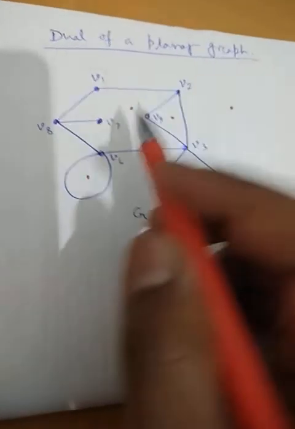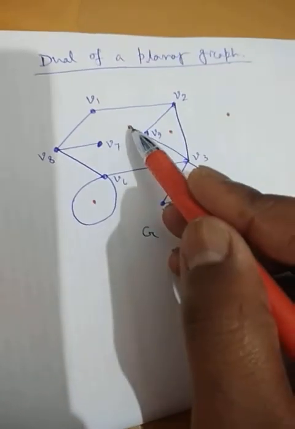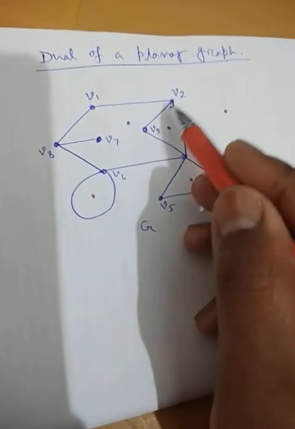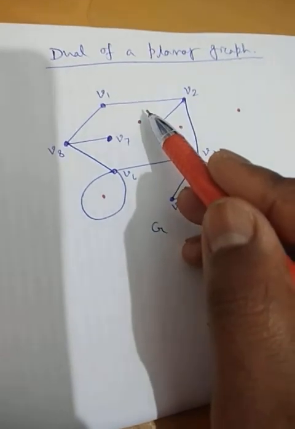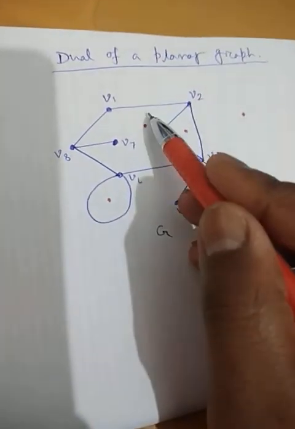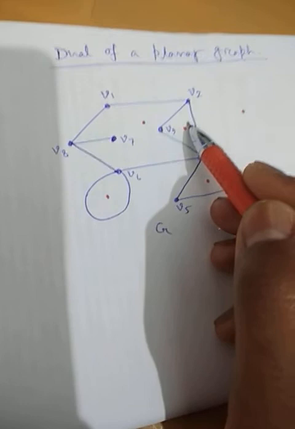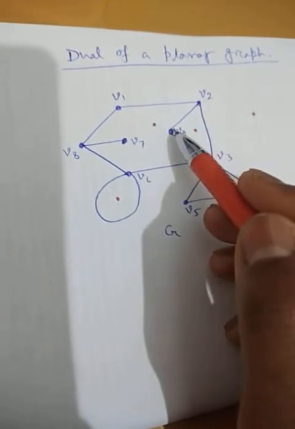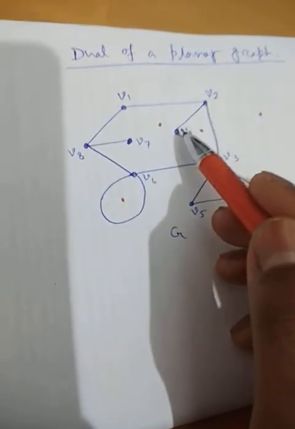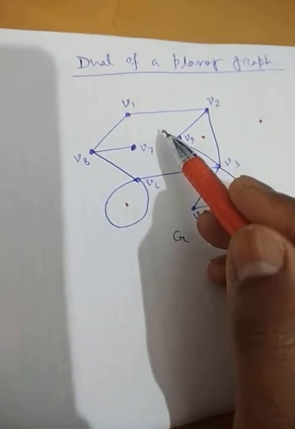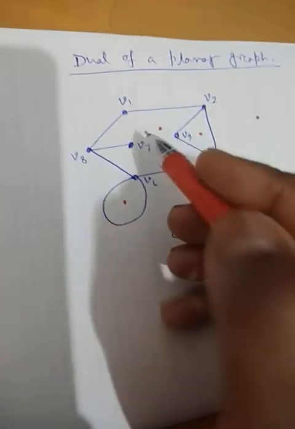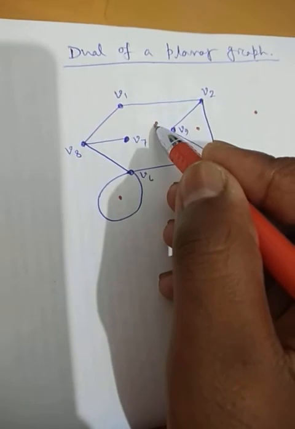Now suppose for this edge, this edge is common in these two faces. This edge is common, so we have to join the vertices of these two faces.